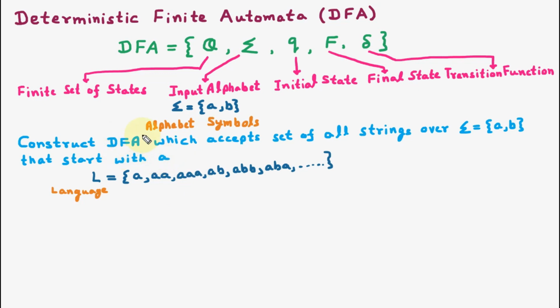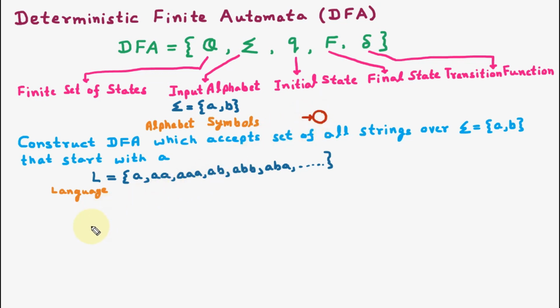For constructing the DFA we must have the initial state, which is called the start state, from where the DFA will start accepting the string. The initial state or the start state is represented by a circle which has the incoming arrow.